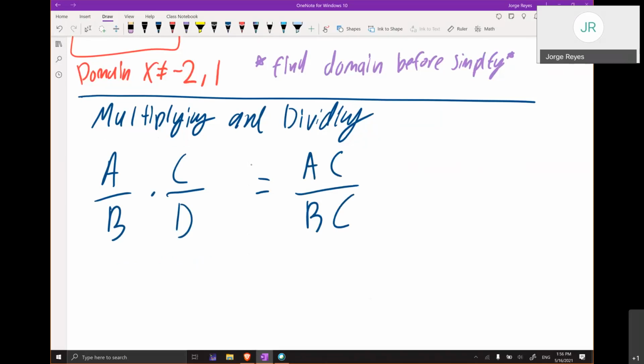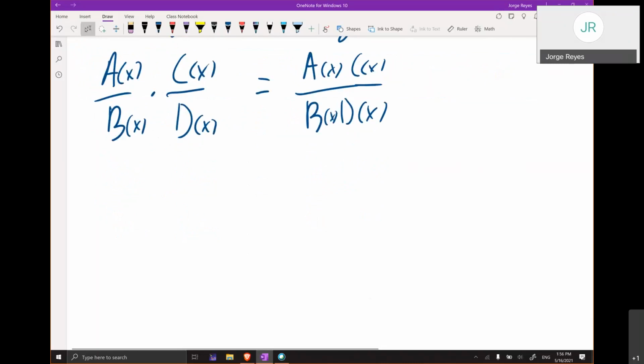It is actually the same thing. If I put a(x), b(x), d(x), and c(x), where all of these are polynomials, it's the same. You just multiply across. Nothing extra complicated. So let's do an example.